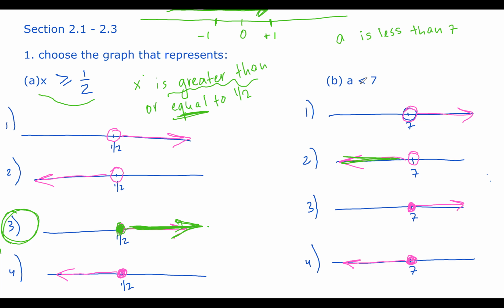It means that it must be strictly less than 7. So what it means then is I have to exclude the 7. That's why the 2 is the correct answer. That's why not the 4, because it is including 7, and I need to exclude it. So I need that empty circle, not the shaded one.